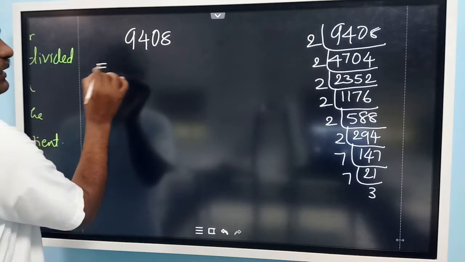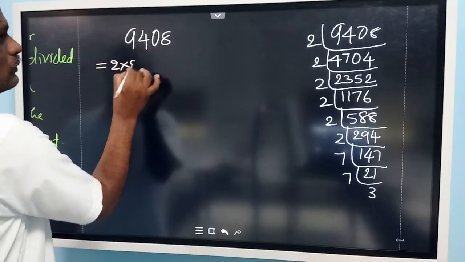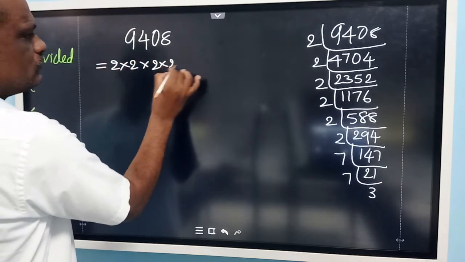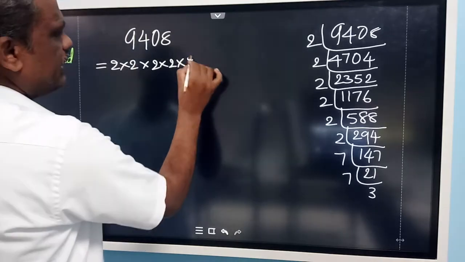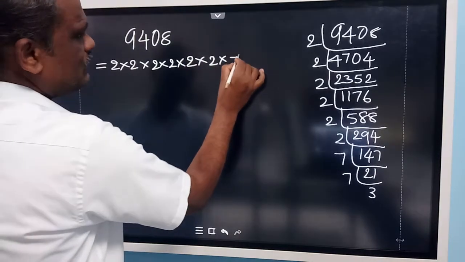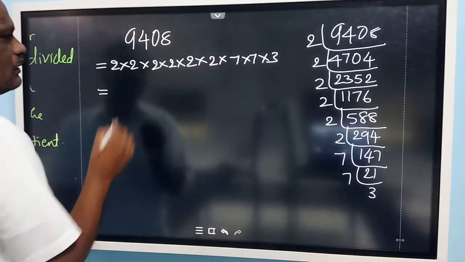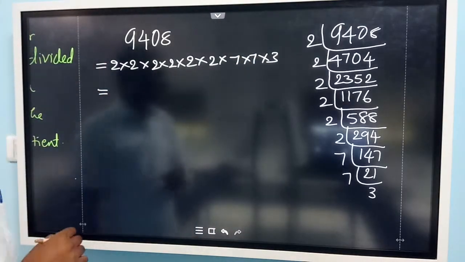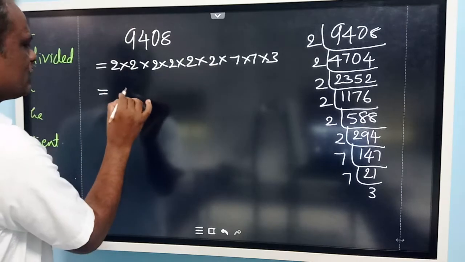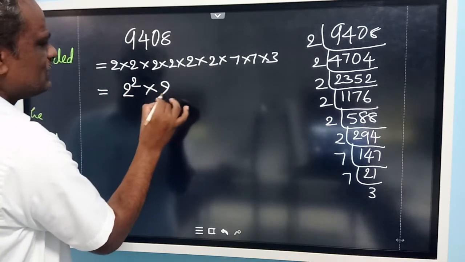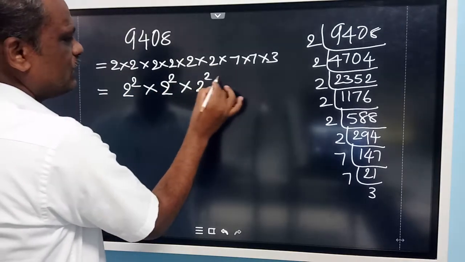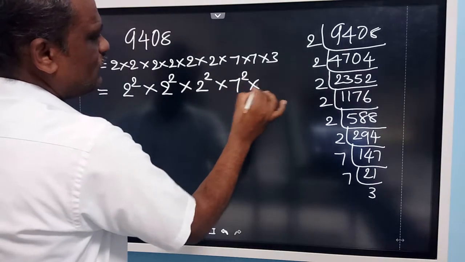So this can be written as 2 into 2 into 2 into 2, then again 2 into 2, then 7 into 7 into 3. Here some numbers can be expressed as square numbers. We can write this as 2 square, 2 square, 2 square into 7 square into 3.